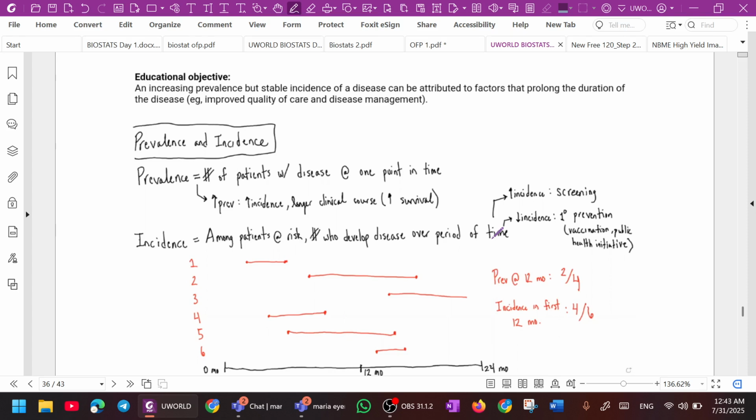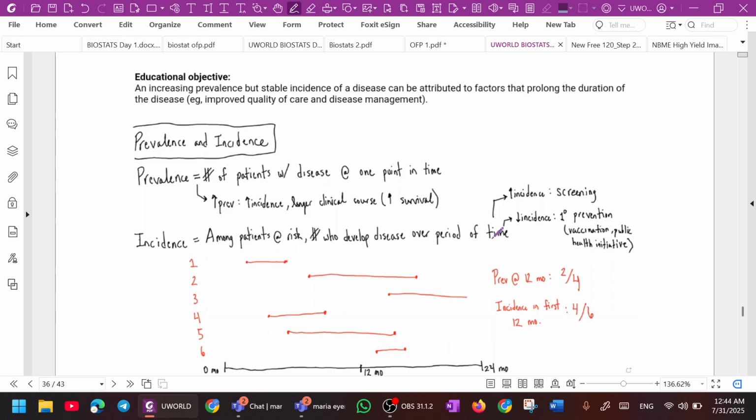So we have six people at the beginning of the period. That's the denominator. From 0 to 12, how many people develop the disease? You have one who developed the disease. He died in between, but he developed it during that period. You have two who developed the disease, and he's still living even after 12 months, but he developed it during that period. We're just trying to find the people that developed the disease during that period.